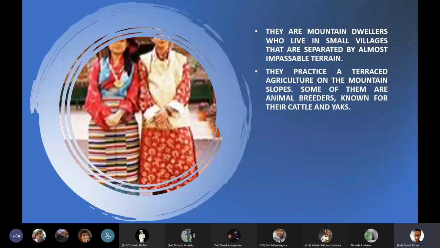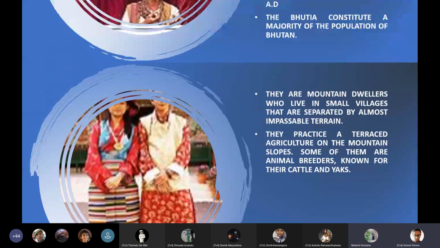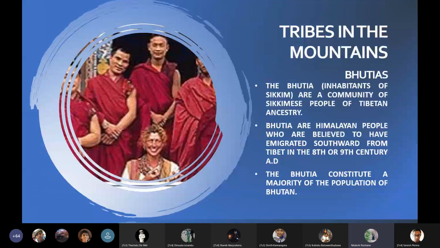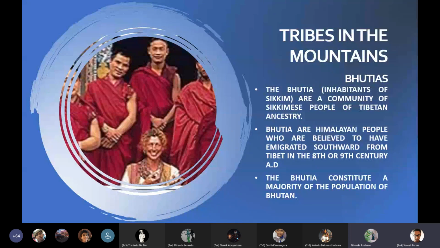The Mongoloids are the people who have a Chinese-like face and who are found in China and other South Asian neighbors like Japan and Korea. And Indo-Aryans are the people who are found in India and in some parts of India.